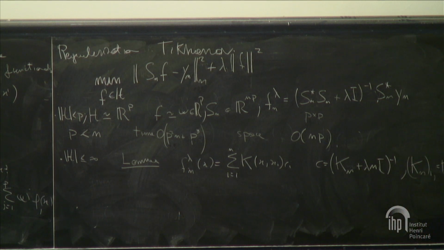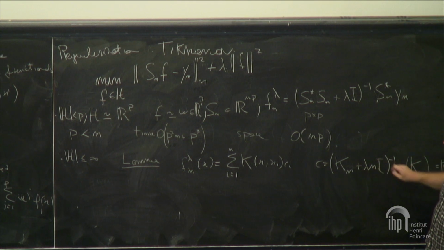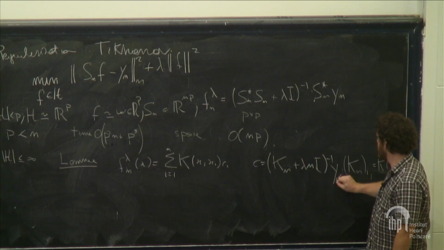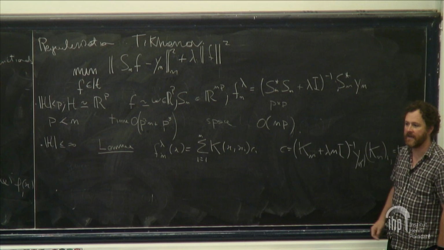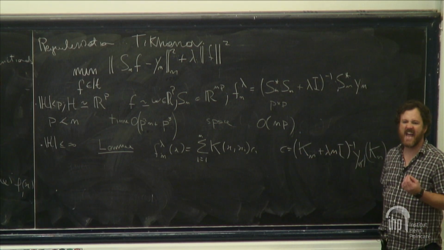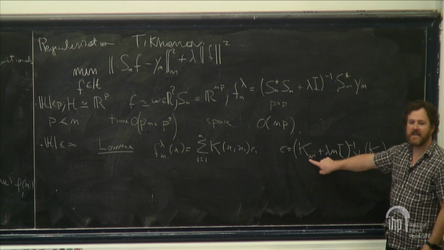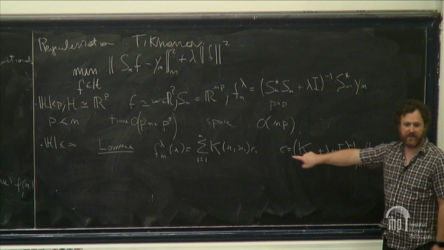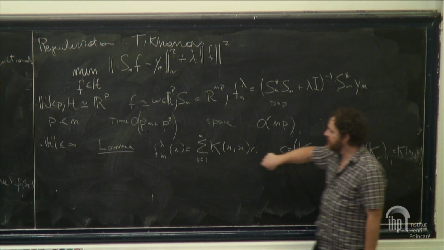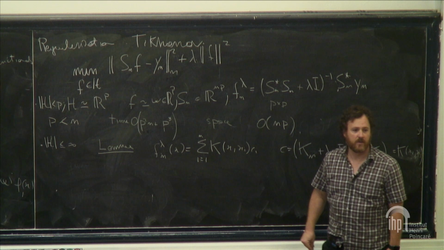So we suppose that we have the kernel in our hand. We build a matrix, which is the matrix of all the inner products among all points. And then we add lambda n on the diagonal, and then we invert it, and then we apply this to the vector yn. This is a vector of size n. This is a matrix of size n by n. This is a vector of size n. And then you get this linear expansion.